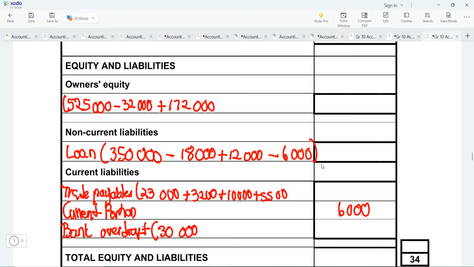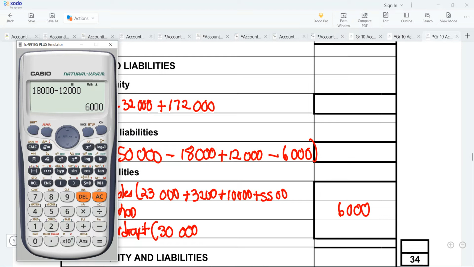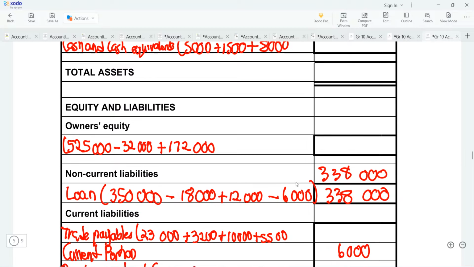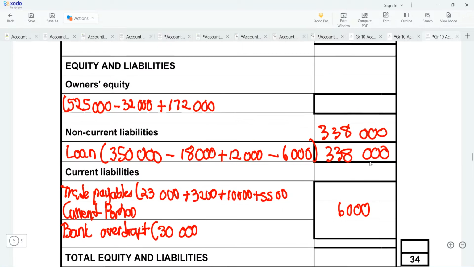So our loan will be 344,000 minus 6,000, which is giving us 338,000, and this 338,000 is going to come here as our non-current liability. And then remember, we have dealt with all transactions, we've brought it also here.